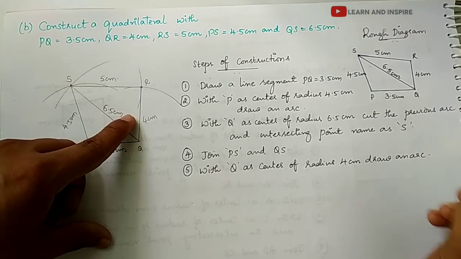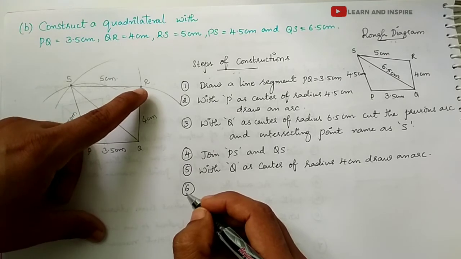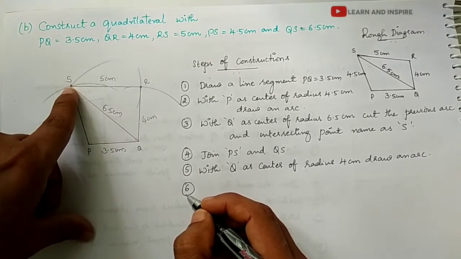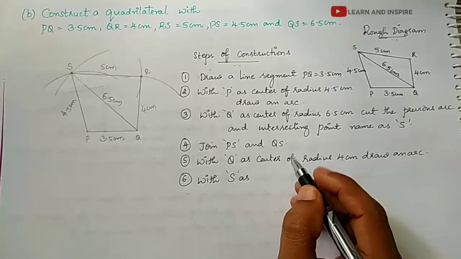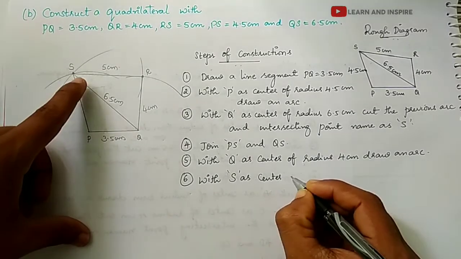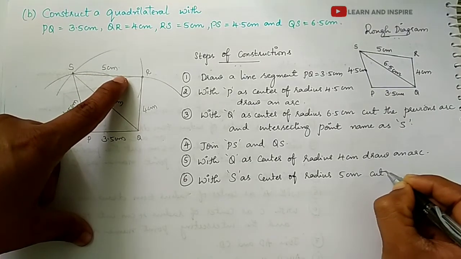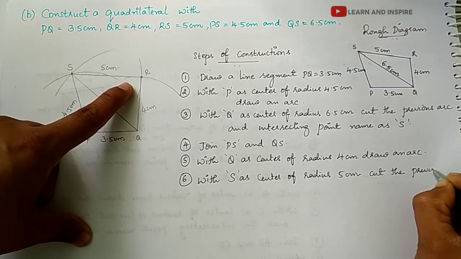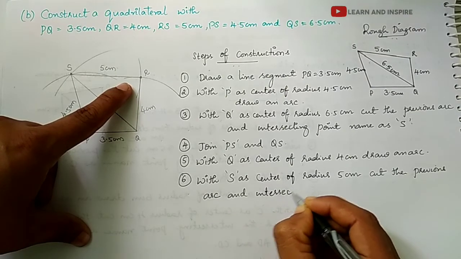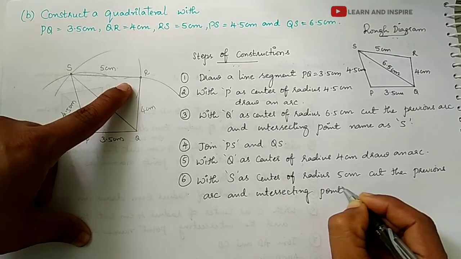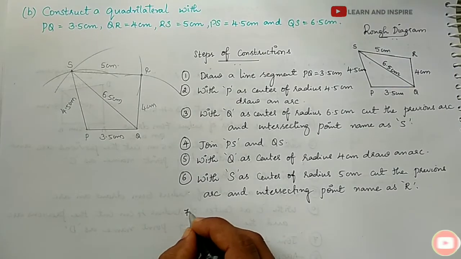draw an arc. Okay, now so here we have drawn the arc and we cannot draw an arc with the help of this point, so we can start at the point S. With S as center of radius 5 centimeters, cut the previous arc and intersecting point name as R. Okay, next step.